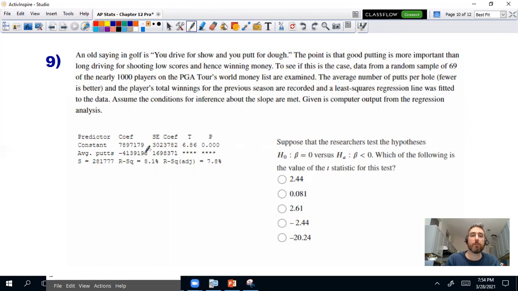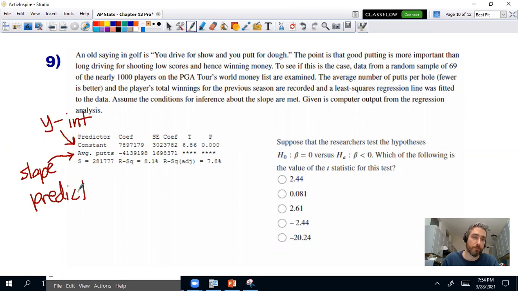Honestly, you'll probably be given all these numbers, but just remember that the slope is going to be in this second line. The constant is like your y-intercept, and this is going to be your slope. When we're doing inference in linear regression, we're trying to predict the slope.